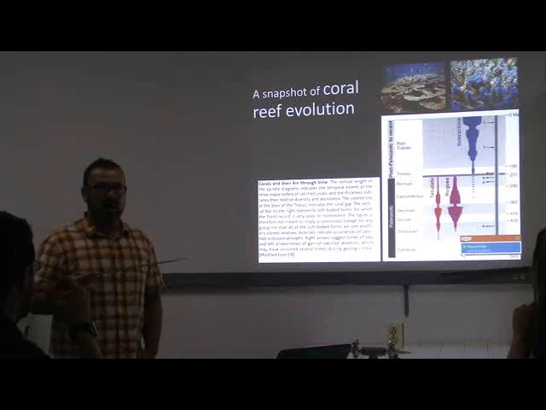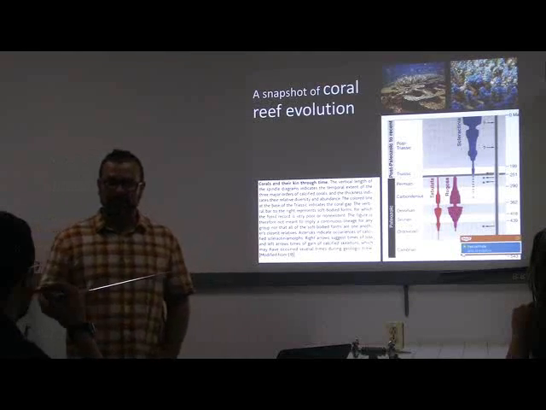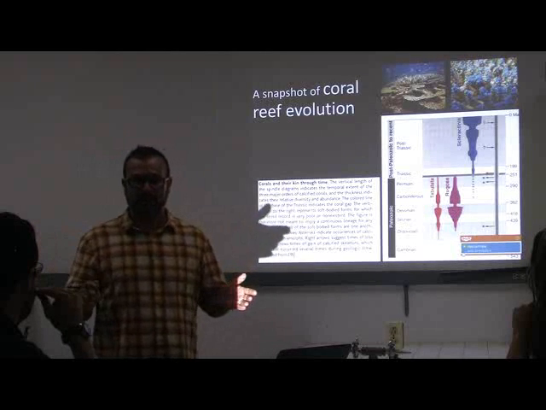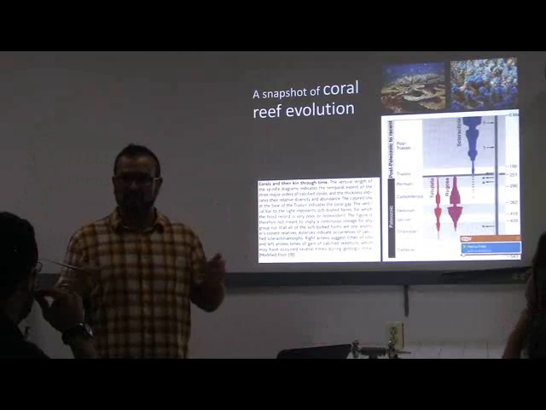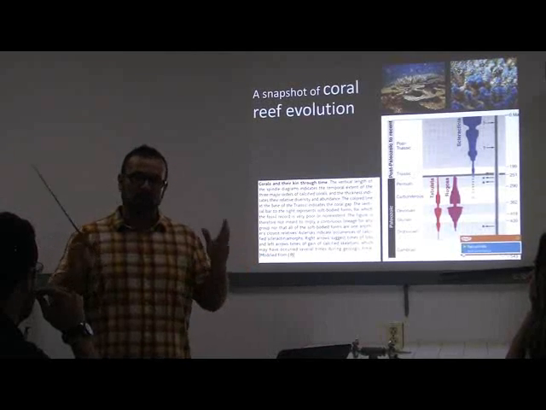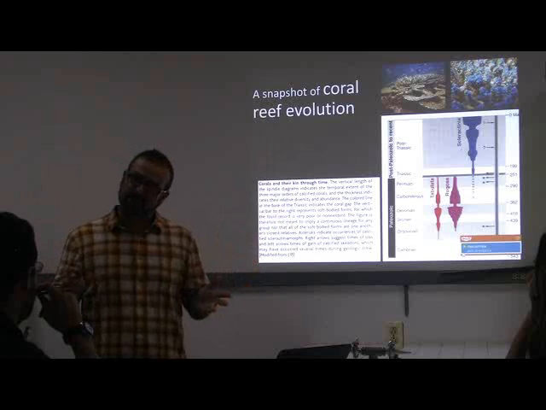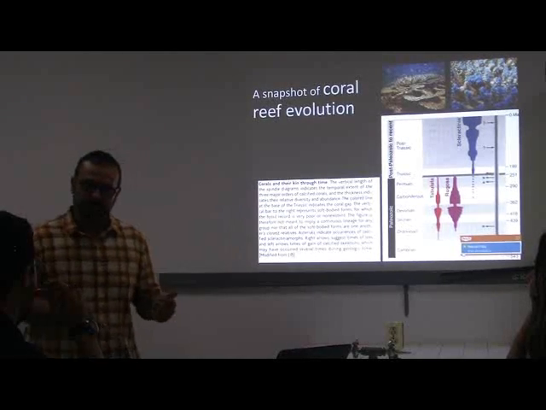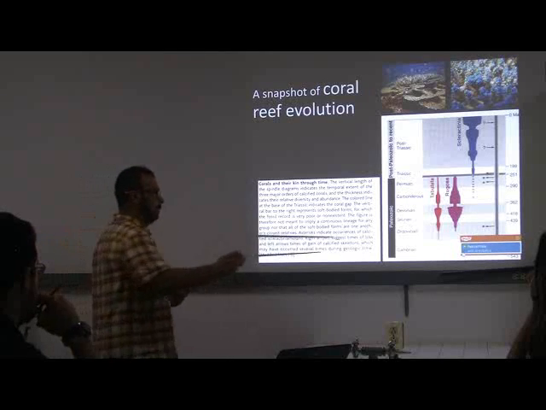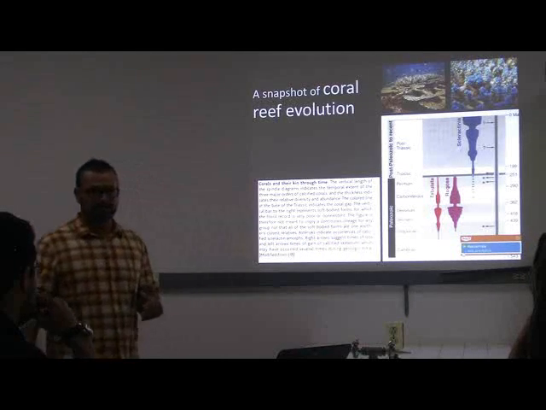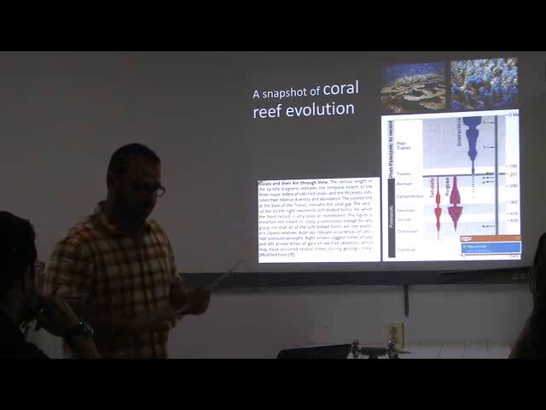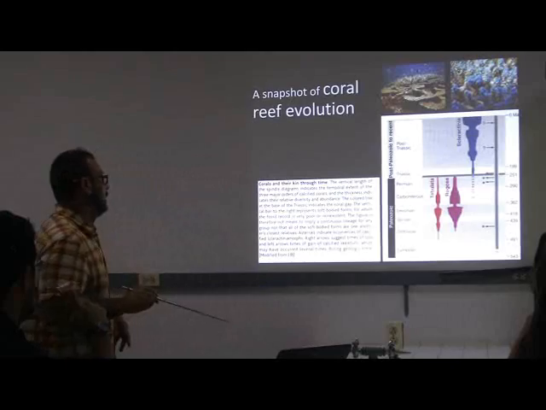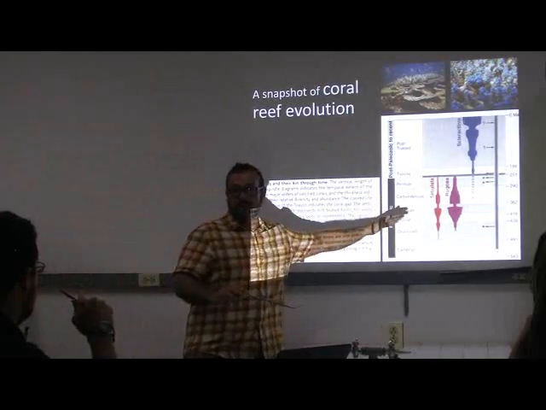Sometimes we don't have records for that specific period, but in spite of those black boxes, we can rebuild the evolutionary history or geologic history of reefs. Okay, so this is some sort of puzzle, and we are reconstructing the past.